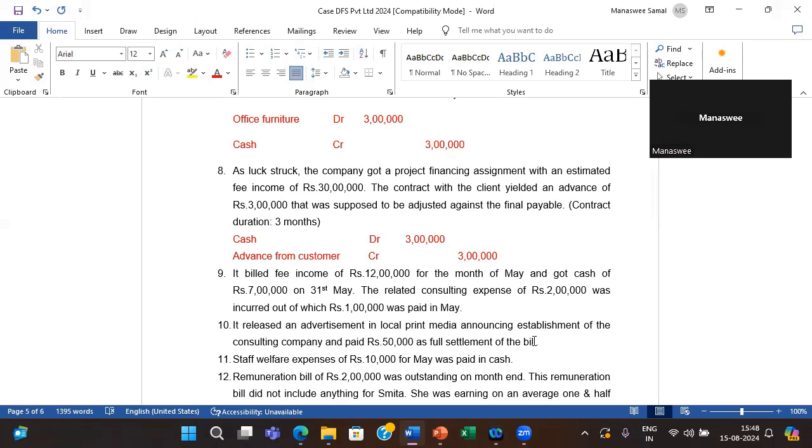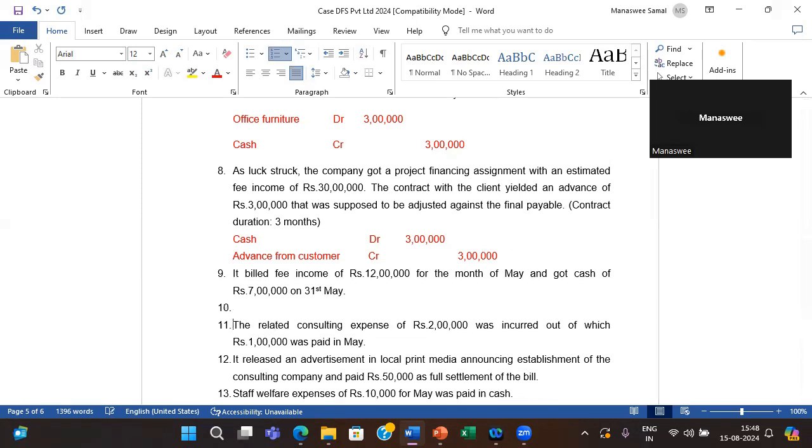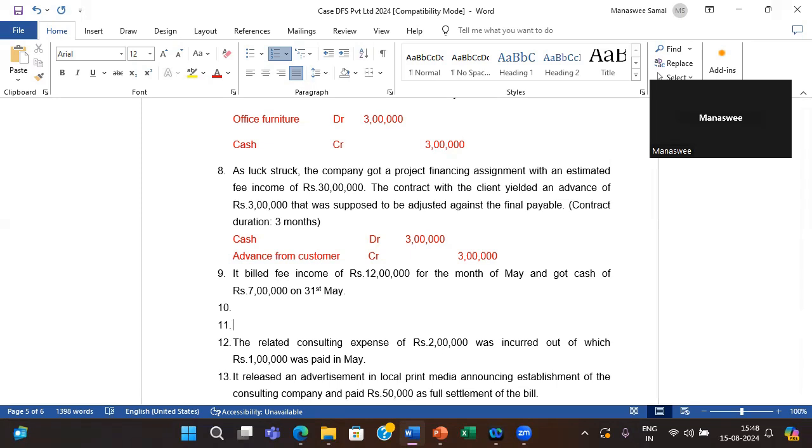It depends on you. How to style an account is absolutely your liberty. The regulator has nothing to say, but you cannot call sales as salary. So we will call it simply fee income.